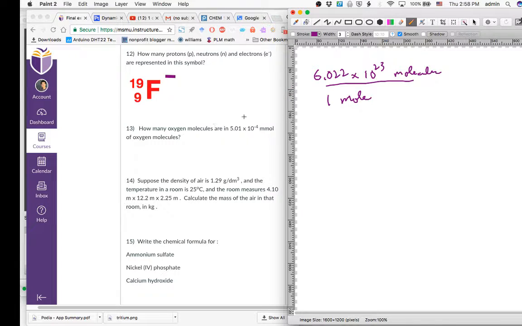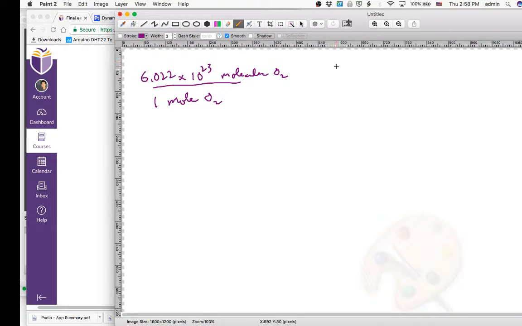And these are molecules of O2 in 1 mole of O2, all right? And now they're giving me a number of millimoles. So milli means thousandths, so I'll multiply this by 1 mole of O2 is 1,000 millimoles of O2. I expect you to memorize the fact that milli means 1,000th.